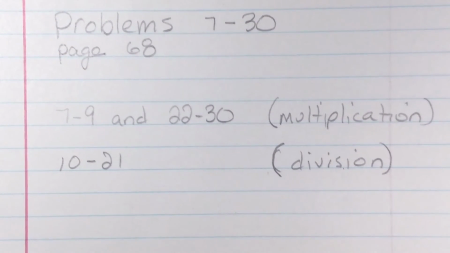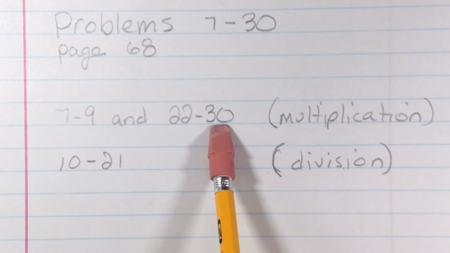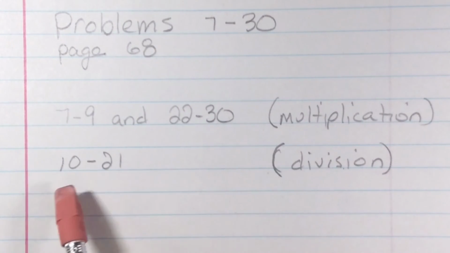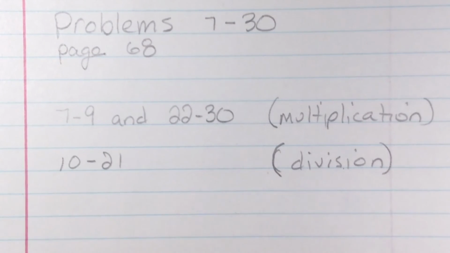And then the second video is problems 10 through 21, which will be the division problems. So when I put the problems up on this video, I'm going to put 7 through 9 and then 22 through 30. Then I'm going to put 10 through 21. So they're going to go a little out of order, but that's to match the two other videos that are found here.